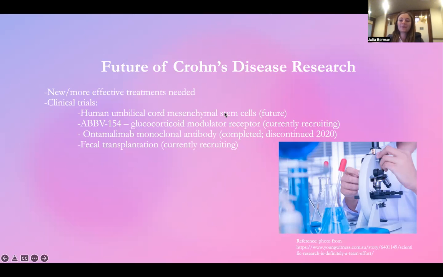And one really interesting possible treatment of Crohn's is the idea of fecal transplantation. So this is essentially taking healthy fecal matter with the healthy gut microbiome, most importantly, from another individual, and introducing that into patients via colonoscopy, which can be invasive, and there are ethical concerns with that.